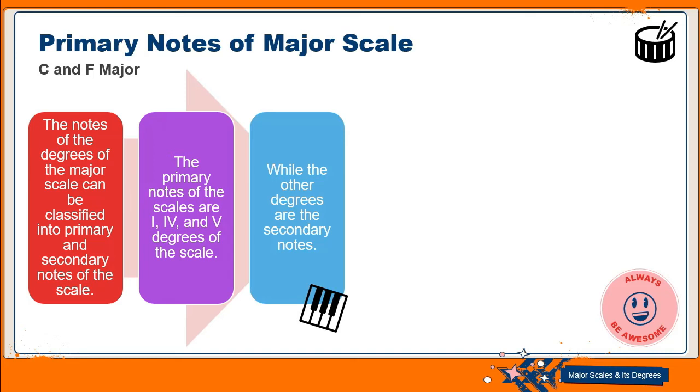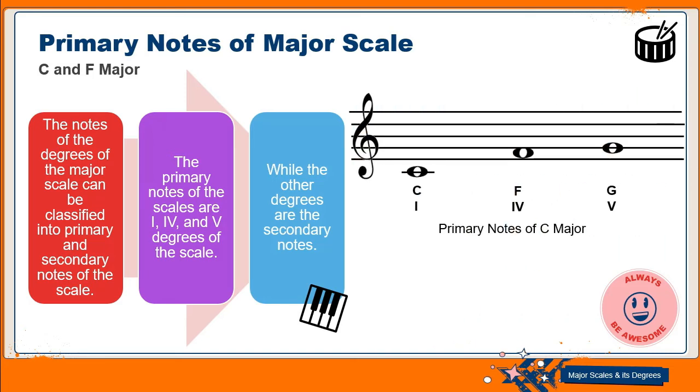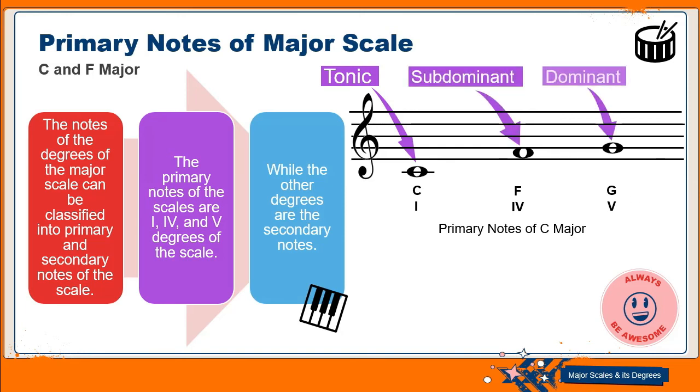Now, if you look at the C major scale we have here, the first note there is C, because it's C major, while the 4th is F, and the 5th is G. So we have the 1st is C, the 4th is F, the 5th is G. So that is 1, 4, 5. That is the primary notes of the C major scale. Let's take a look. The first note is tonic, the 4th note is subdominant, the 5th note is the dominant.